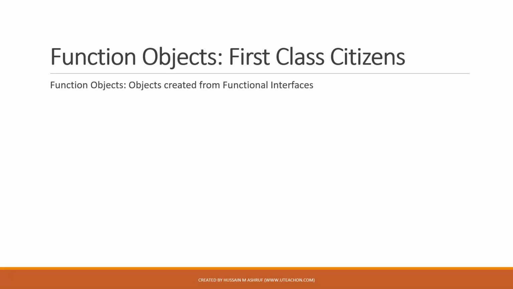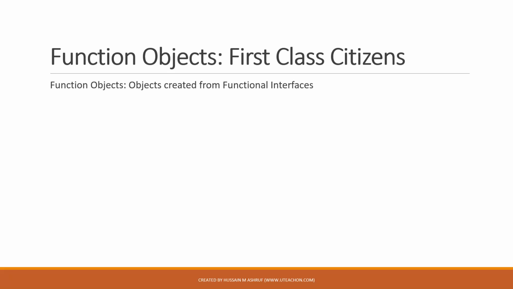When we create an instance out of an interface using the new operator, with an implementation that is inline, it is not yet executed. But when we return, it returns an object. It's called a function object.